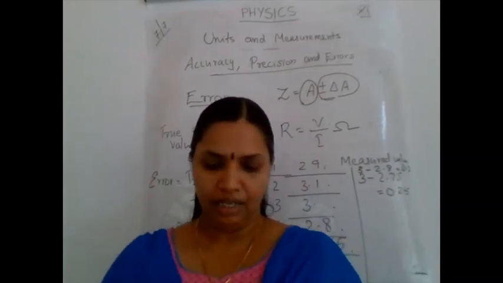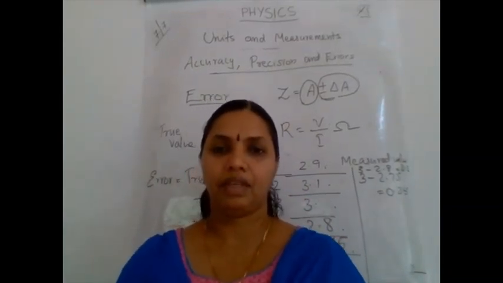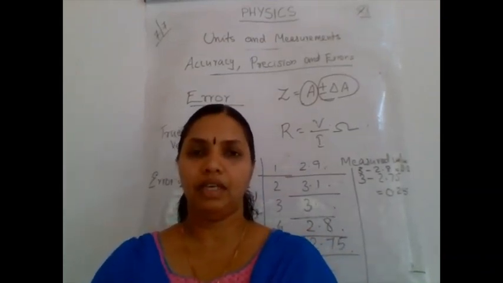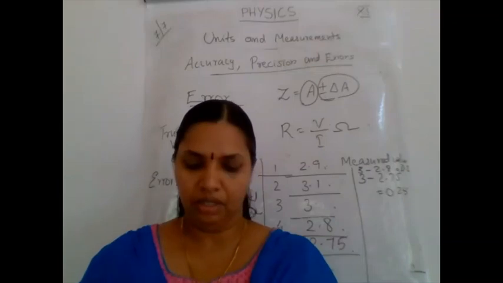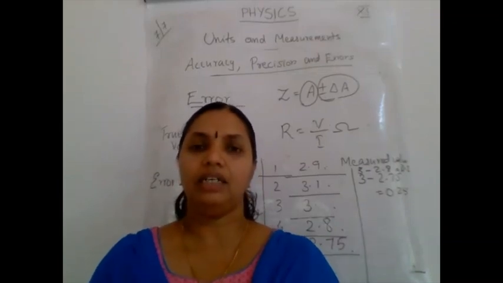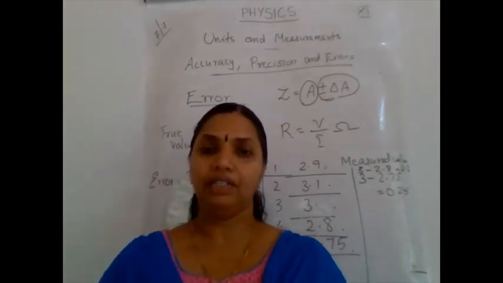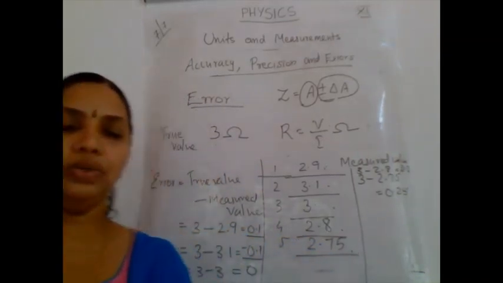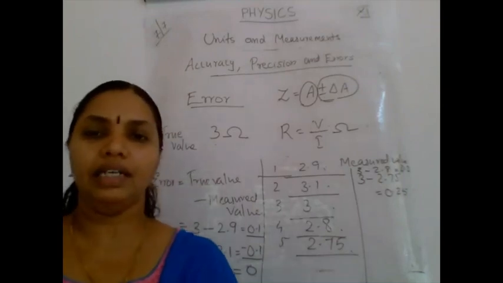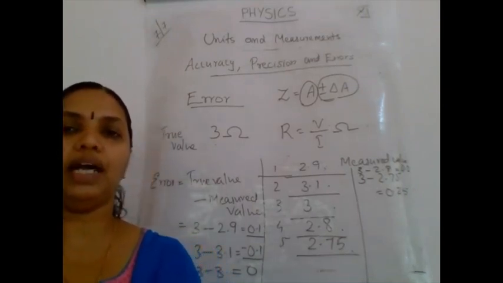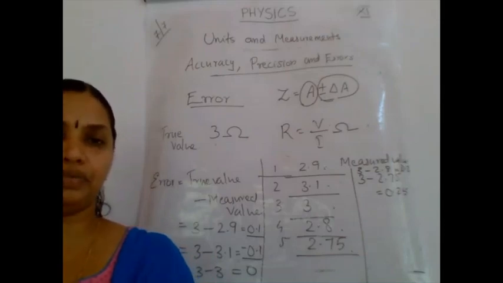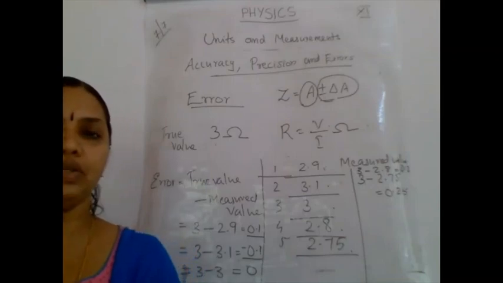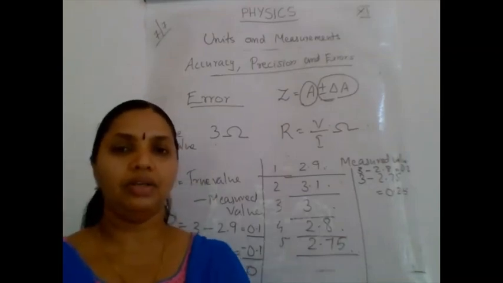Error in a measurement is equal to the difference between the true value and the measured value of the quantity.